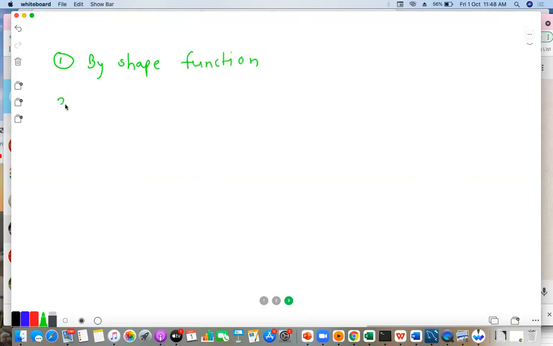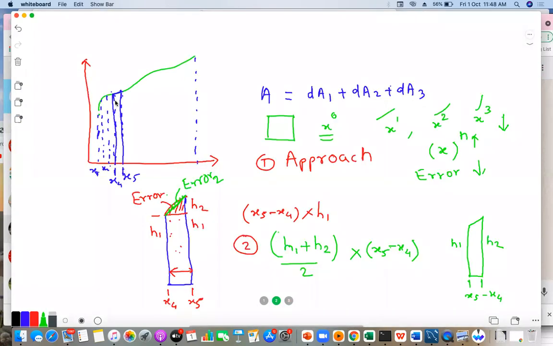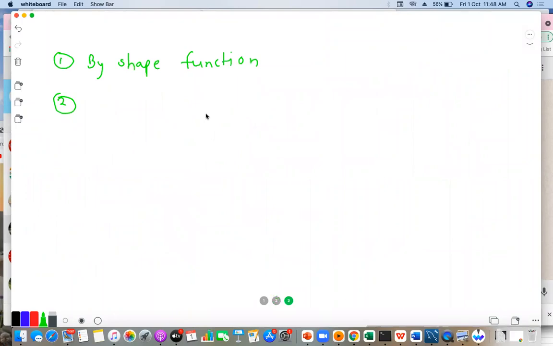Okay. And second, these small areas or small strips can be called elements.